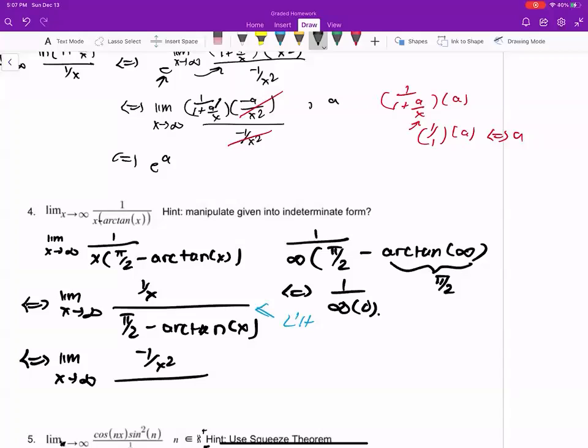Wait, so which step is 0? Are you talking about this step or this?